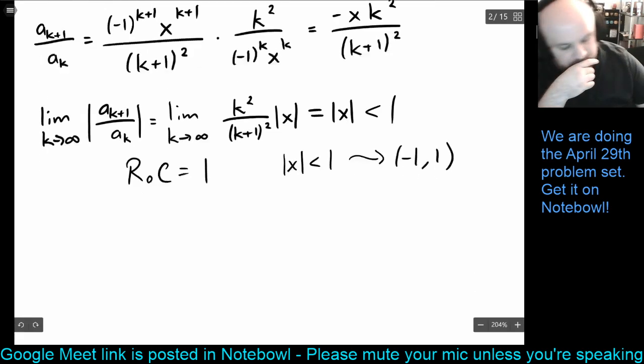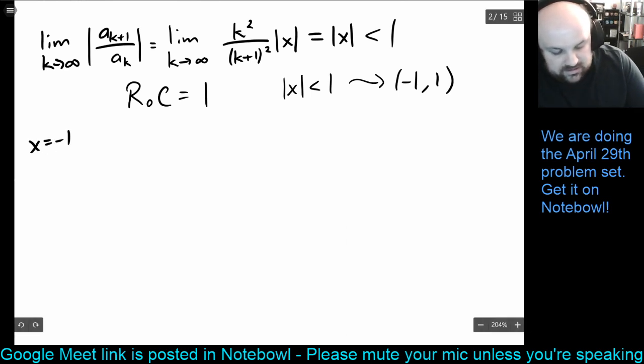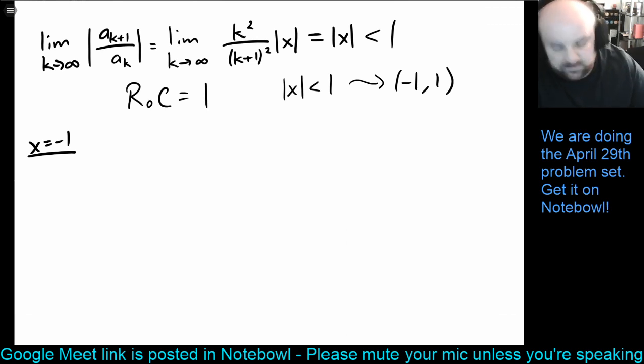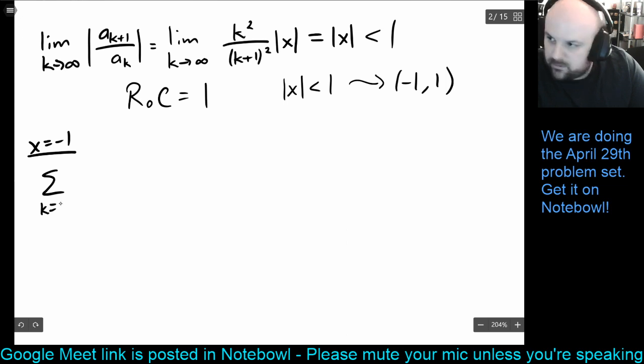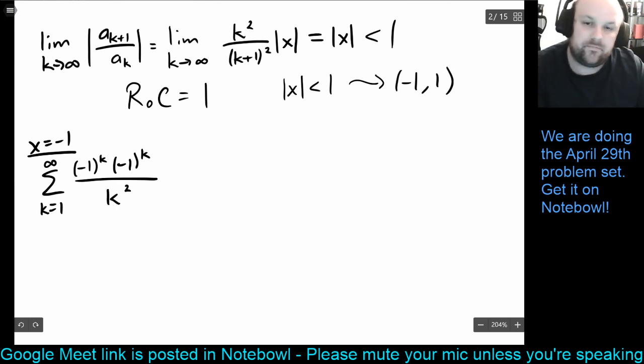Okay. So again, just plug in these endpoints, left endpoint, right endpoint, and see what we get. So x is -1. If we plug that into the power series, we're going to get the sum from 1 to infinity of -1 to the k, -1 to the k, over k squared.